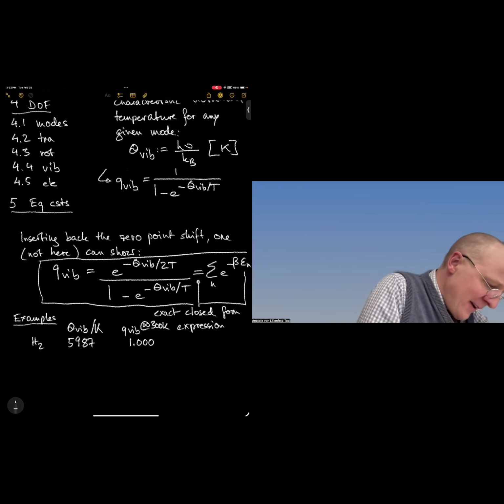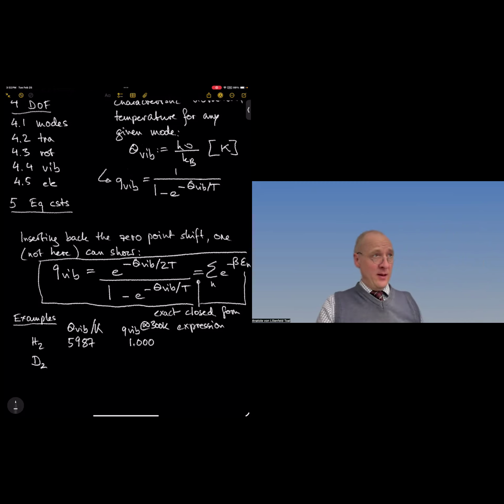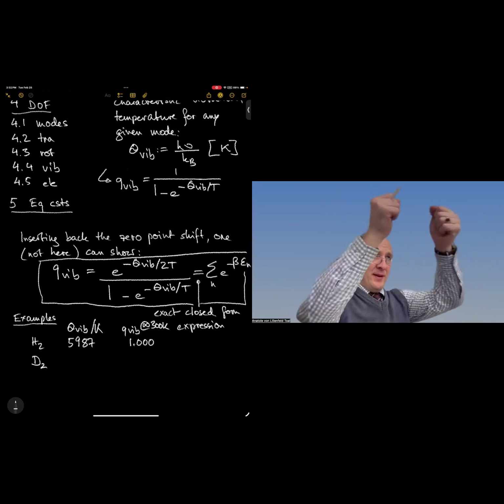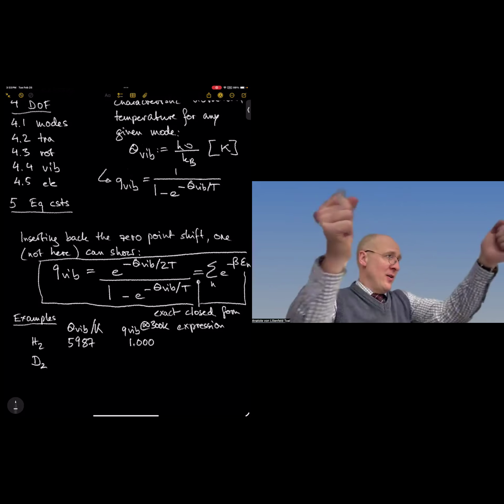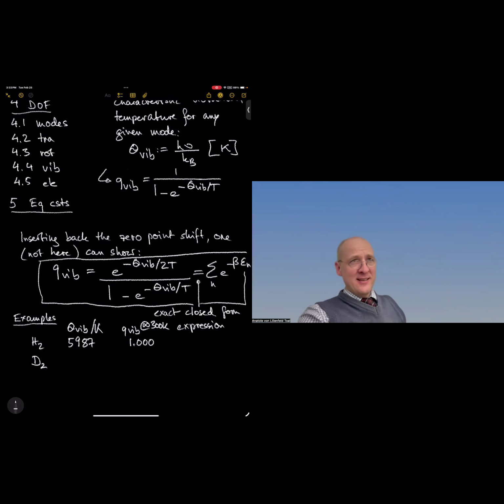Now, if I go to D2, what would you expect? Would the vibrational frequency go up or down? If you have H2 and it vibrates versus D2, which one is vibrating faster? Anybody? Any guess?